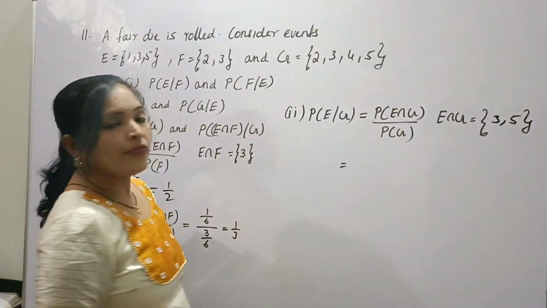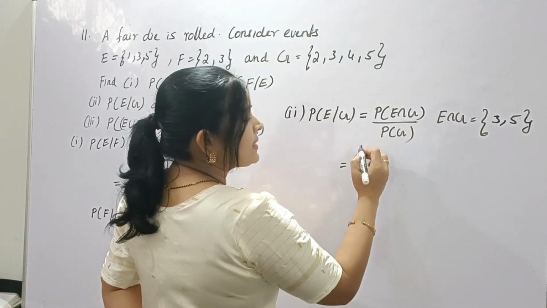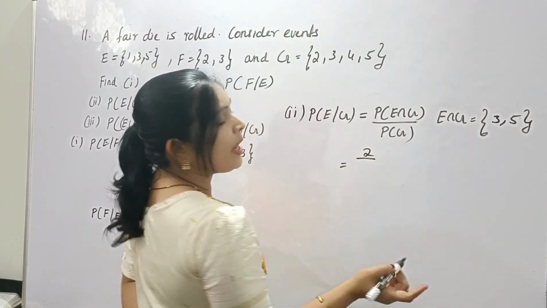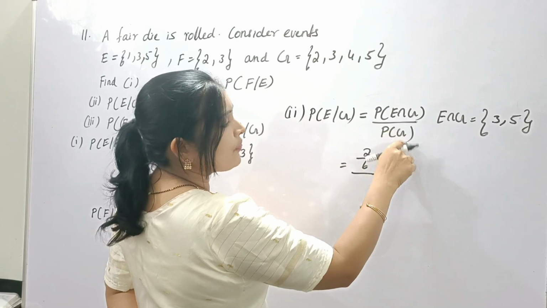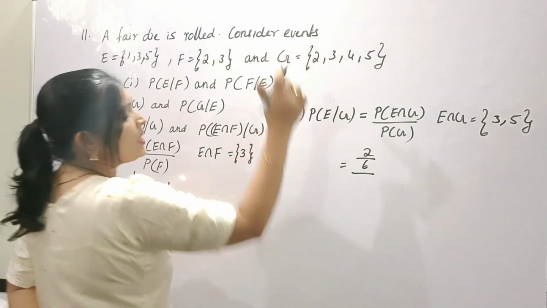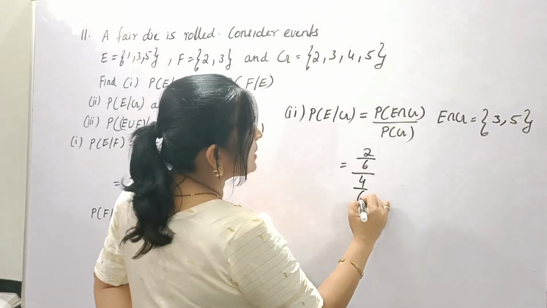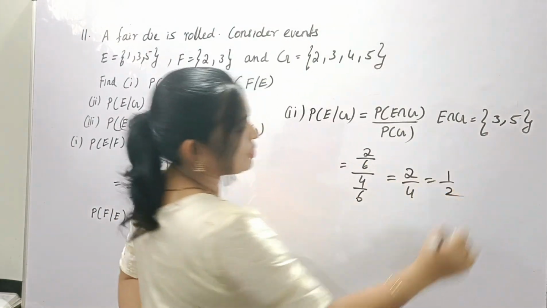Probability of E intersection G is the number of elements in E intersection G, 2, divided by the number of elements in the sample space, 6, divided by probability of G, which is the number of elements in G, 4, divided by the number of elements in the sample space, 6. That is 2 by 4, equal to 1 by 2.